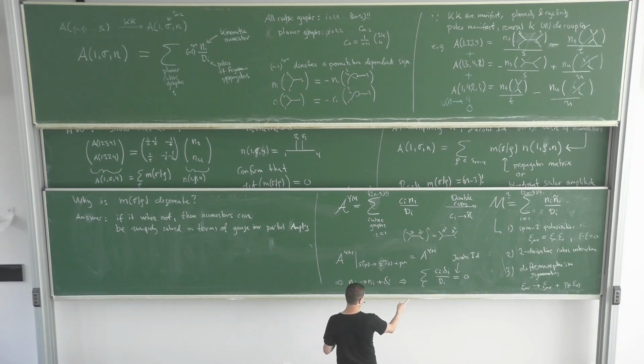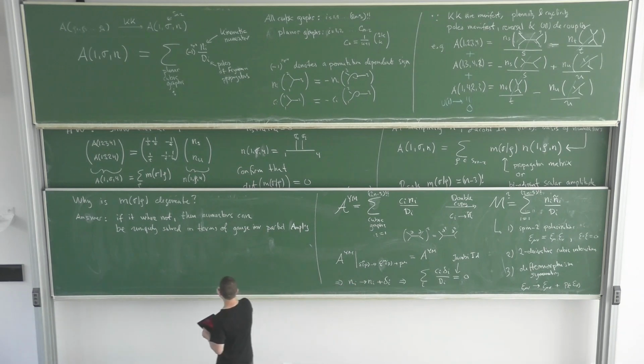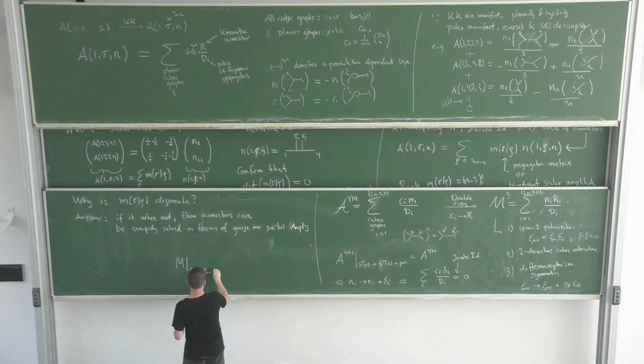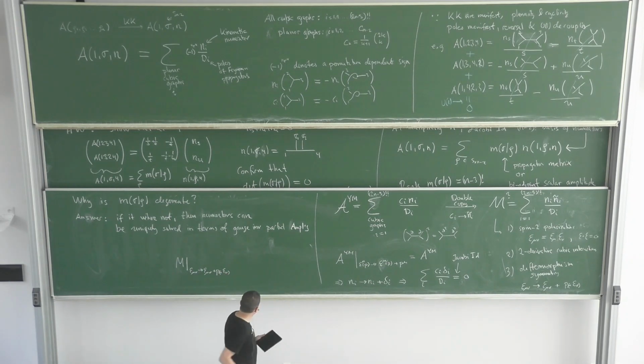The reason why it's true is that now, if we take the double copy and replace epsilon mu nu by epsilon mu nu plus p mu epsilon nu symmetrized, what you will get is something proportional to that. So that's going to be M itself.